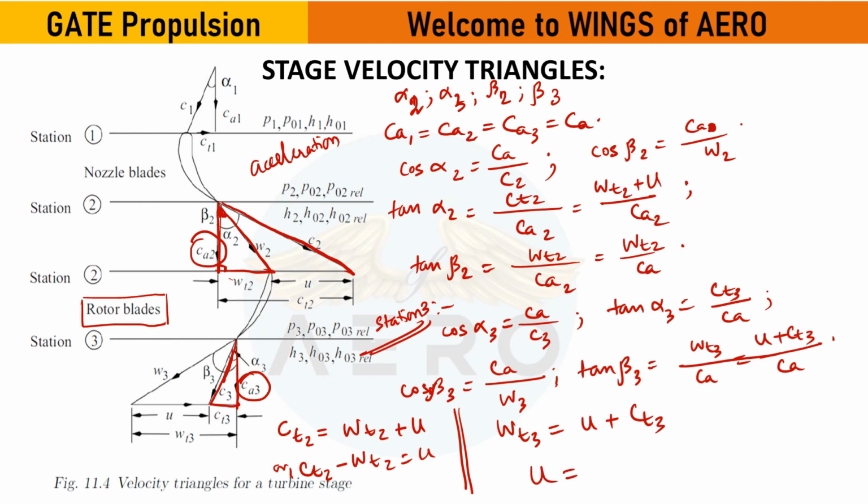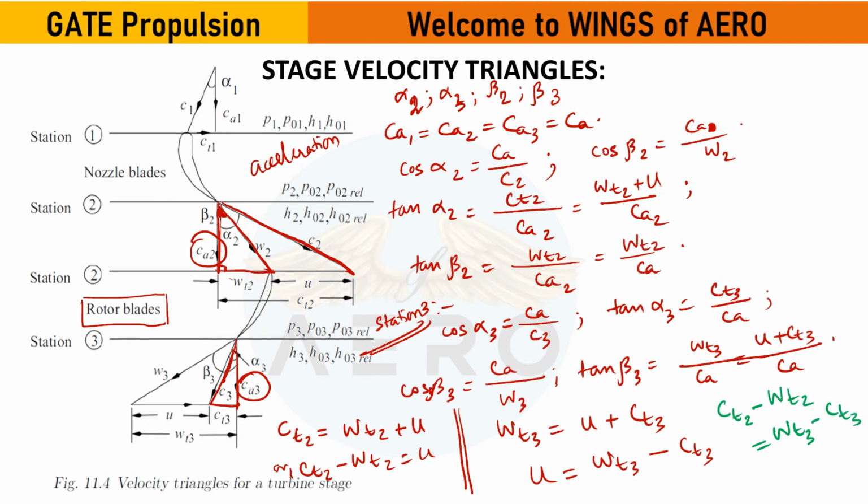Then U equals WT3, sorry, it will be minus CT3. Can I write? Yes, ma'am. Okay. Now, can I explain this, that CT2 minus WT2 equals WT3 minus CT3?